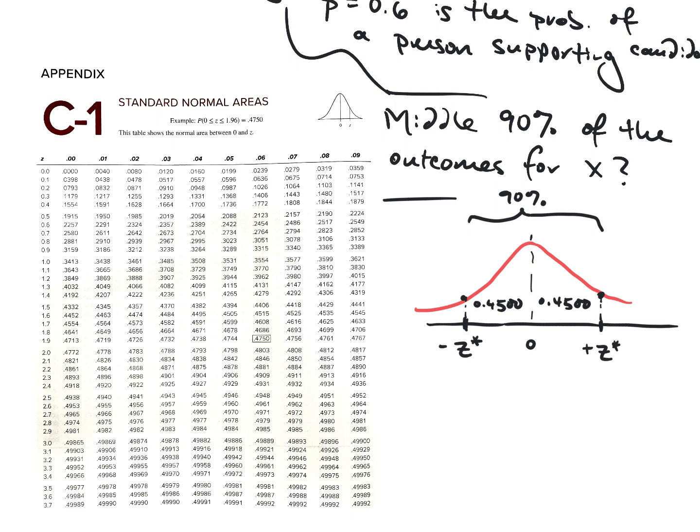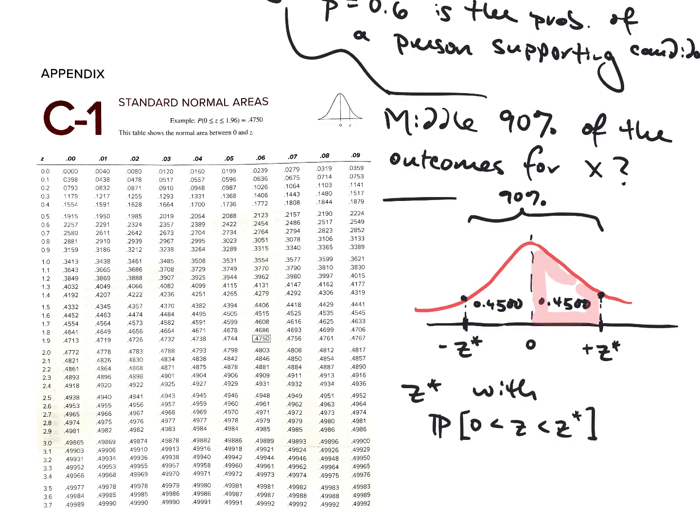So we need to find z star with the probability that Z is between 0 and z star. We're talking about this range right here, right?